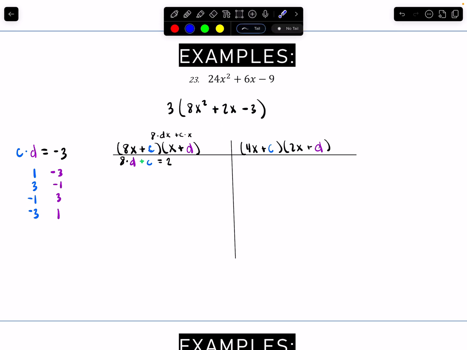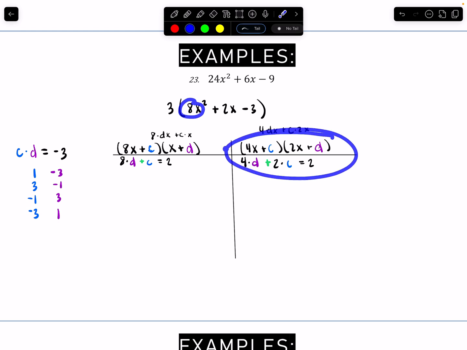In this case over here, we want 4 times dx plus c times 2x to give us that 2. So we want 4 times d plus 2 times c to give us 2.